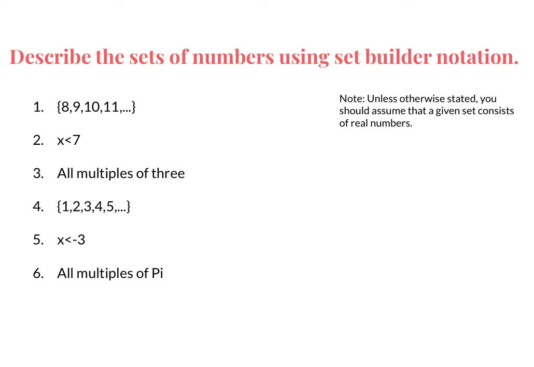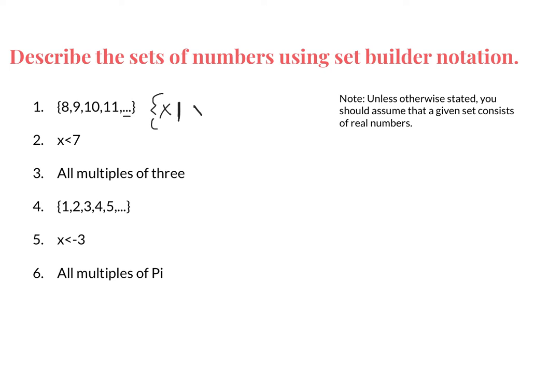Now, set builder notation is a little tricky at first, so we kind of just have to figure out what it actually means. So first things first, we're going to have a squiggly bracket to open up our sentence. And we are talking about some x. Now, in my set here, I have starting at 8, and then we're counting up to basically infinity, because that's what the 3 dots mean. So I'm going to have this little line that reads such that.